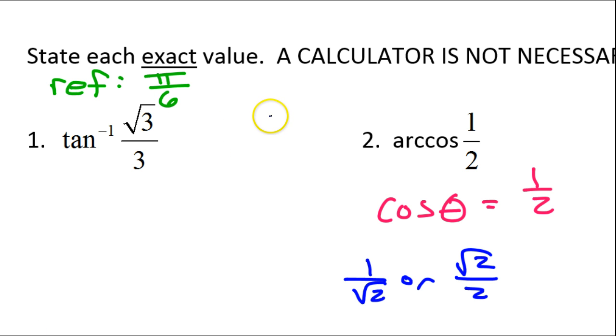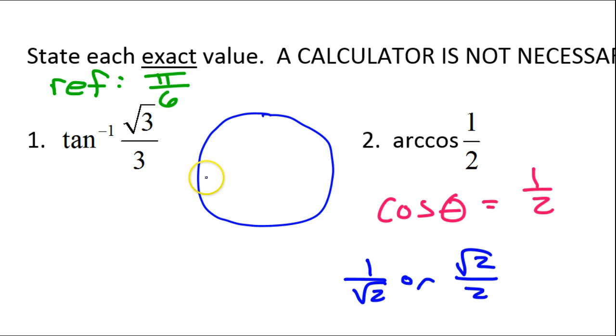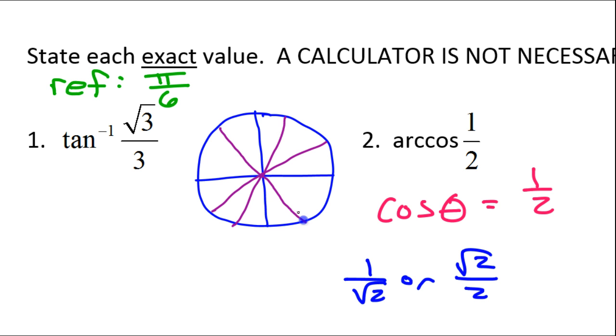Alright, let's look at a sketch on a unit circle. So here is a unit circle. Since the reference angle is pi over 6, I am going to draw some pi over 6's. So these are going to be pi over 6's.